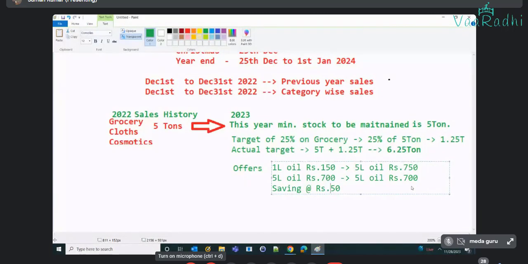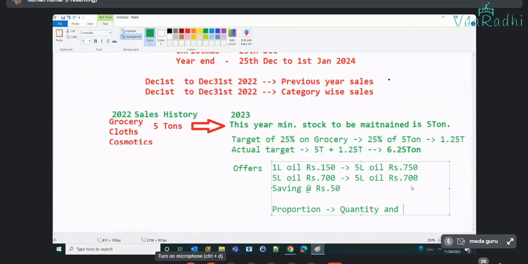Now here, guys, if you look at the proportion, which proportion is higher? Here two things are involved. What are the two things, guys? Think. In this offer, the first is quantity, 1 liter or 5 liter.